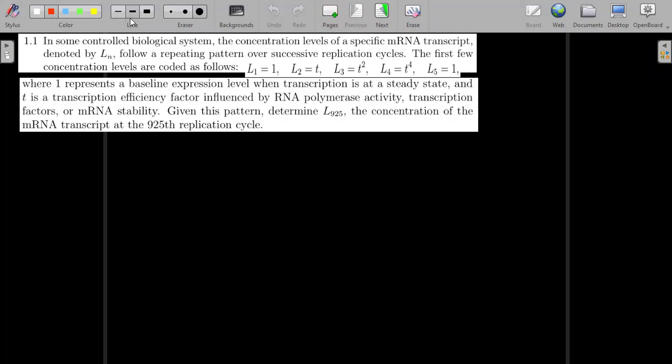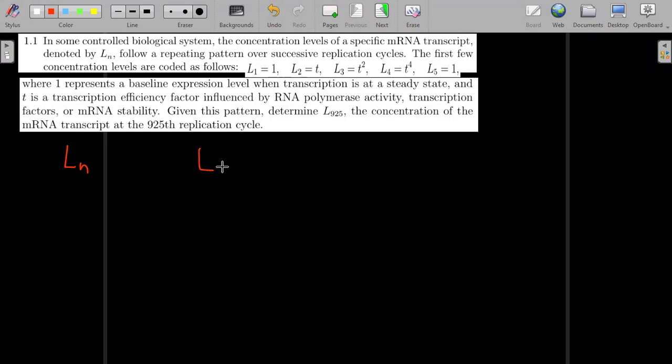Question 1 says, in some controlled biological system, the concentration levels of a specific mRNA transcript denoted by L_n follow a repeating pattern over successive replication cycles. The first few concentration levels are coded as follows.